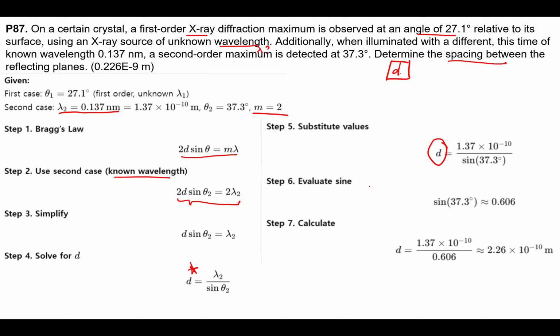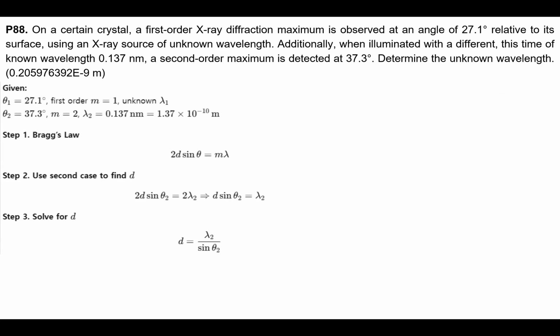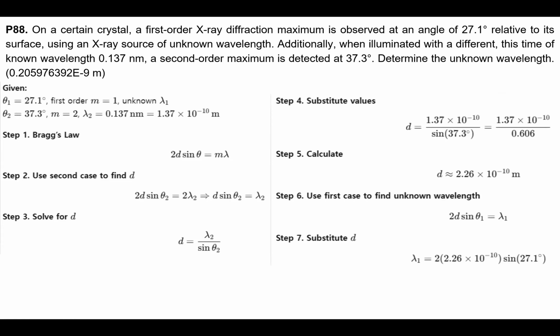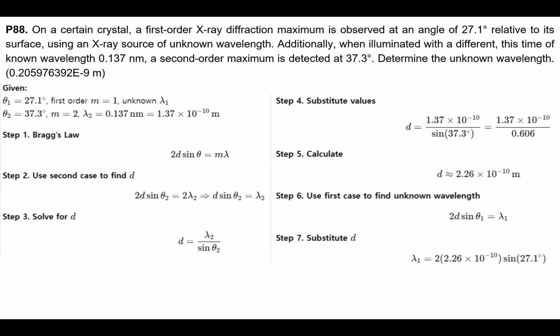And then what we are going to do is evaluate the sine here, and then you get D. And then once again, in this case, what we need to find is the unknown wavelength.